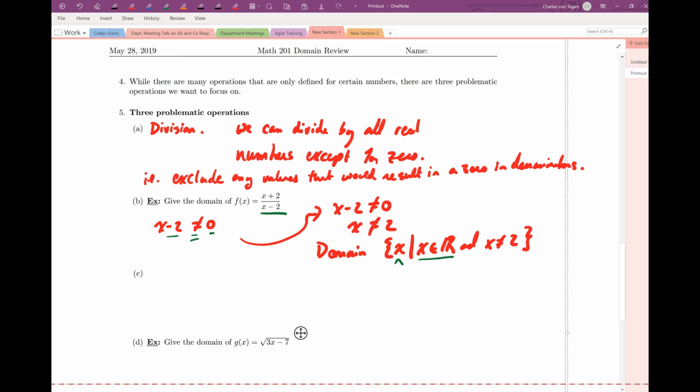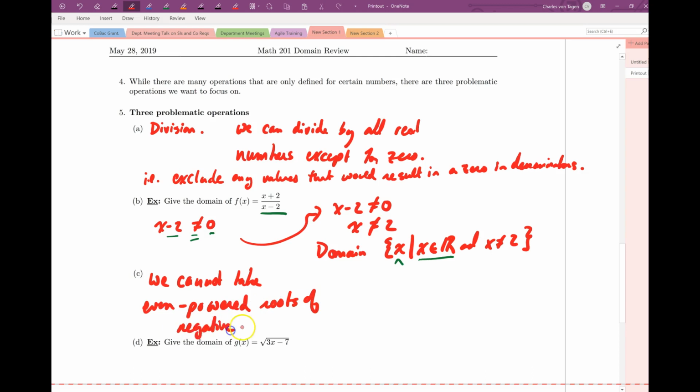Another way to say that is we cannot take even-powered roots of negative numbers. That is, that operation is not defined in the real numbers when those numbers are negative.